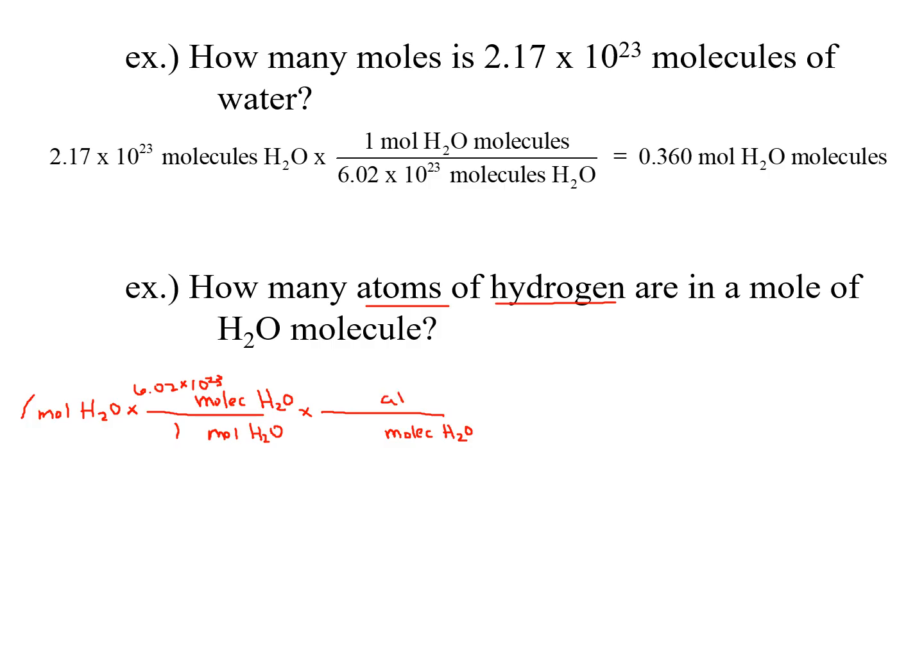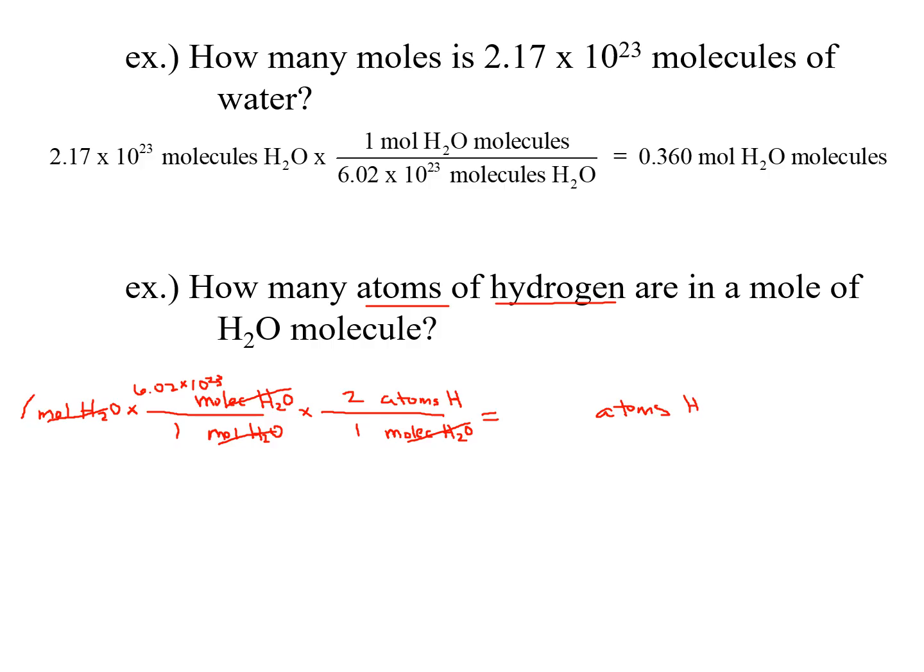Well, remember, I'm trying to change it to atoms of hydrogen. Now these are related to each other. In 1 molecule of water, there are 2 H's. So I can put that in. And now finally, moles of water canceled, molecules of water canceled, and I finally have my atoms of hydrogen, which is what the problem was asking me for.